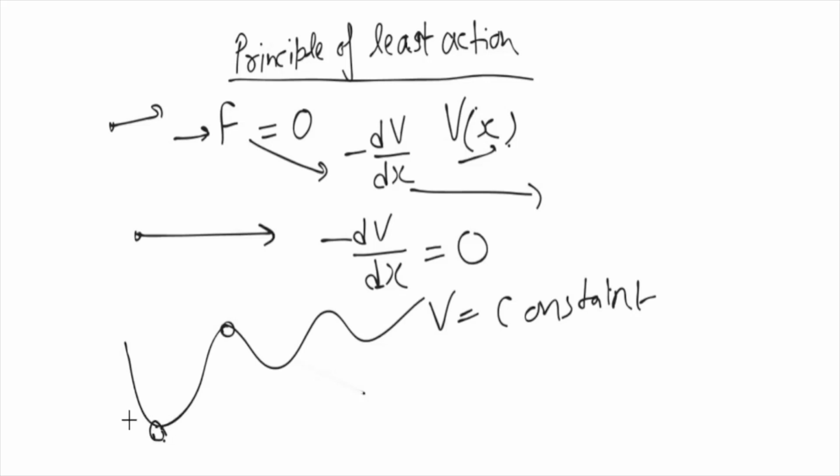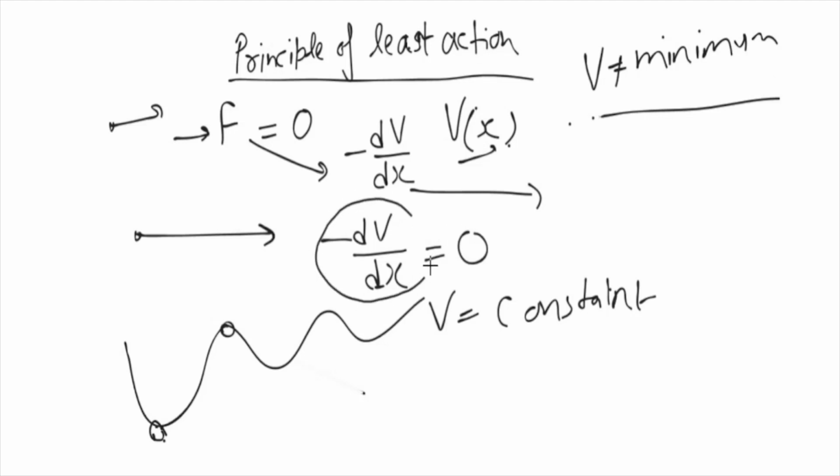Now notice first of all that equilibrium does not require that the potential energy is minimum. We do not need that for equilibrium, but it requires that the derivative of the potential energy is equal to 0, or we can say the potential energy is stationary. Stationary means that it does not change.